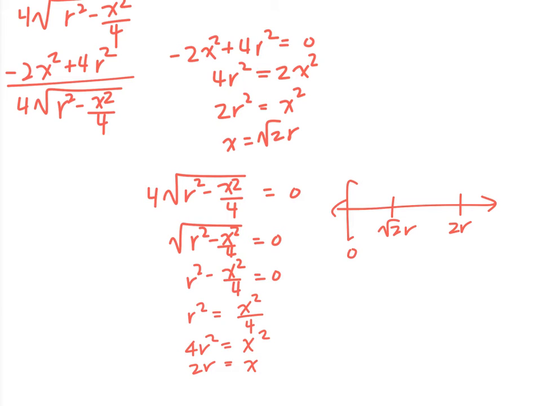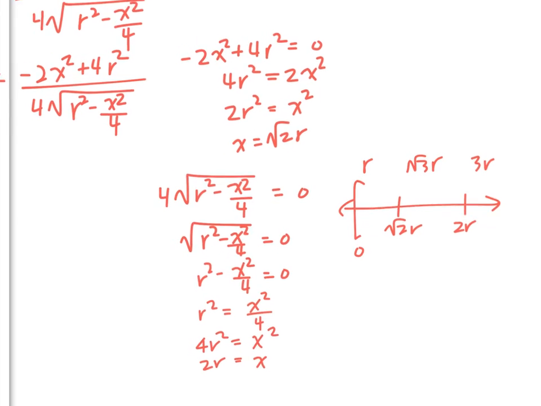Smaller than square root 2r, let's just say is r. Between square root 2 and 2, let's say square root 3, because 2 is square root 4, right? So in between square root 2 and square root 4 is square root 3. And bigger than 2r, let's say 3r. I think 3r is already more than possible in this circle, but we'll see.